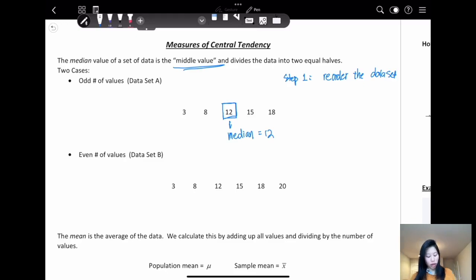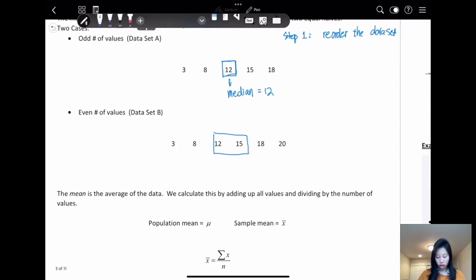Okay, what if we have an even number of values? Look at this data set B. We have 6 data in total. What you can do is find the middle two, which are 12 and 15, and find the average of these two.